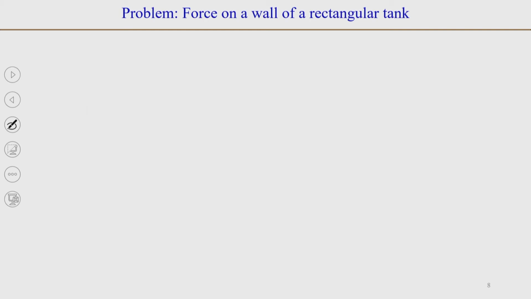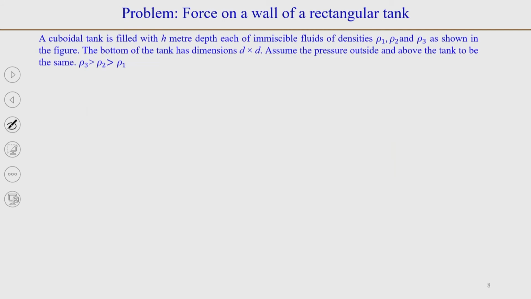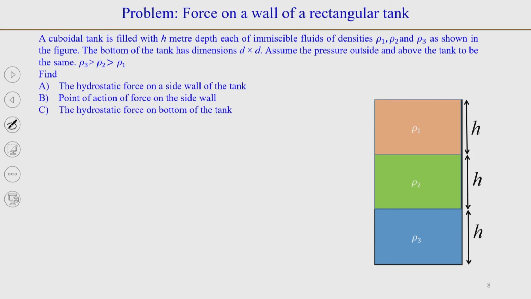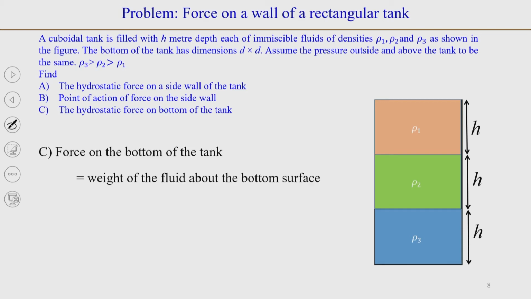Okay. So, now the third part is simple. What we need to find is the hydrostatic force on the bottom of the tank, which will be equal to the weight of the fluid or fluids above this tank. So, that will be the weight of the entire fluid column.